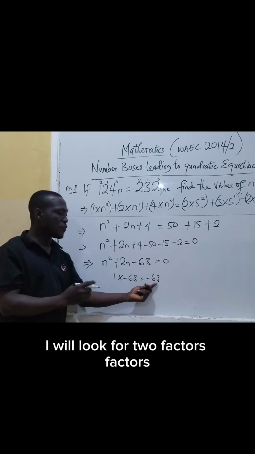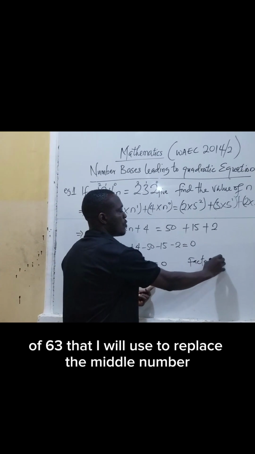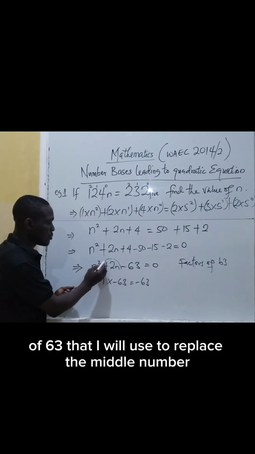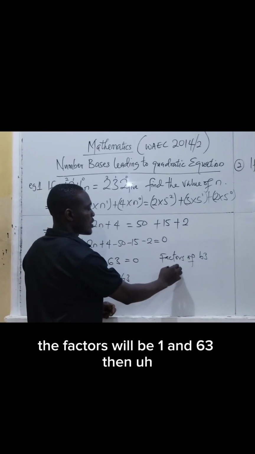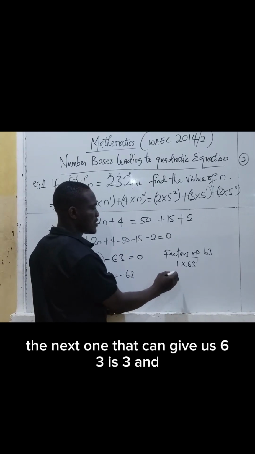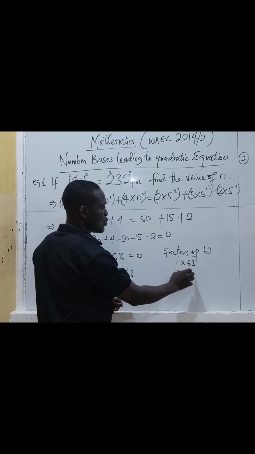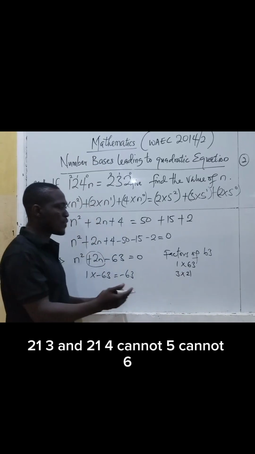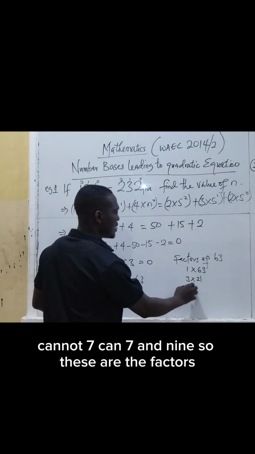So at this point, I will look for two factors of 63 that I will use to replace the middle number. So I need to first of all get the factors. The factors will be 1 and 63. The next one that can divide is 3, 3 and 21. 4 cannot, 5 cannot, 6 cannot, 7 can, 7 and 9.